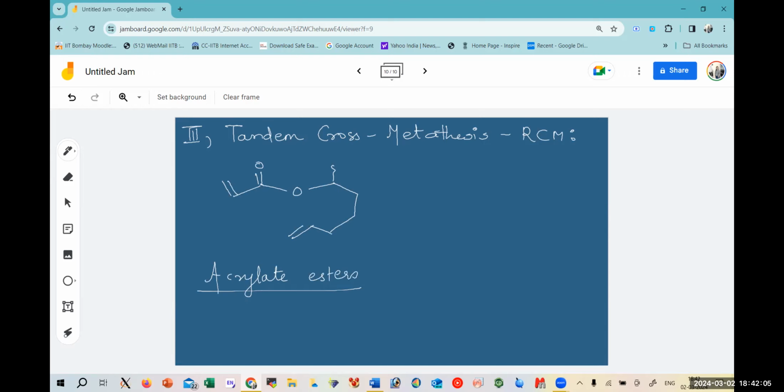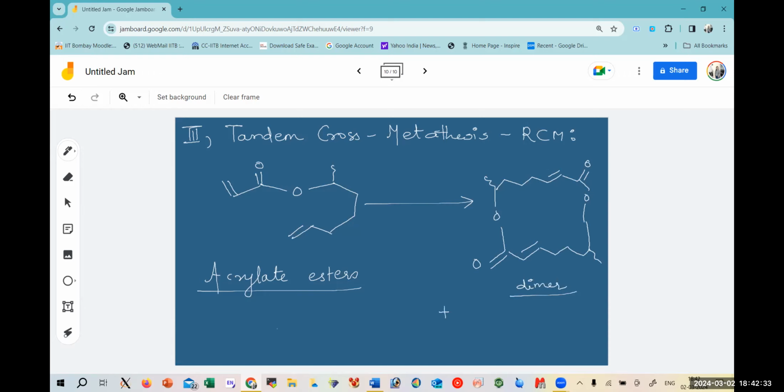So if I'm taking two units of it or 3 units of it, it would end up having the dimer product. This is your dimer. The same unit is undergoing this reaction.